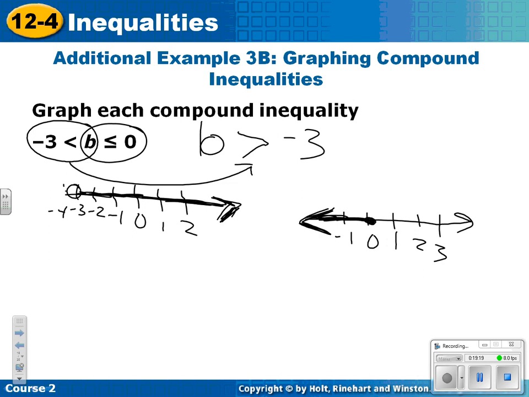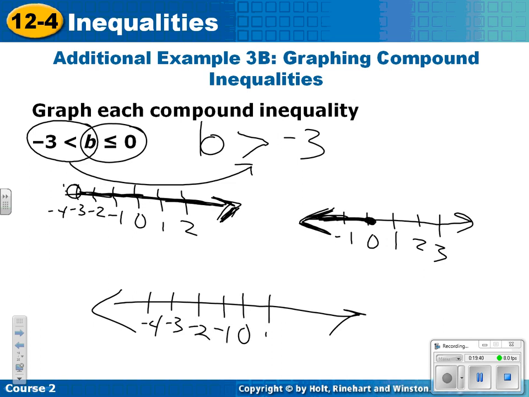Now, here's where I answer your question, Gracie. Why would we combine them? Why would we do it on two separate graphs and then combine them? Well, if I was to do it all on one to begin with, -4, -3, -2, -1, 0, 1, 2, I would have a circle at -3, I would have a dot at 0, and I would have everything highlighted this way and everything highlighted that way.